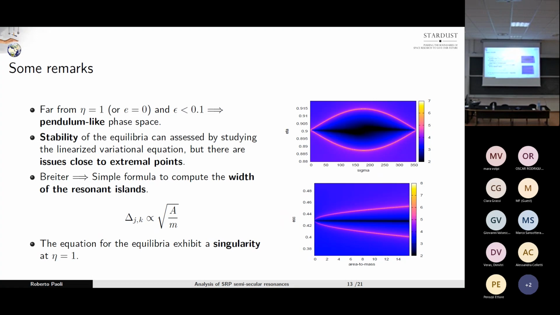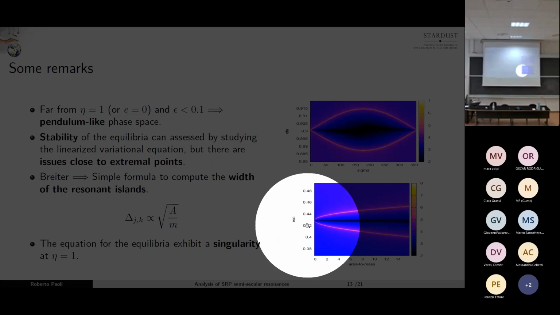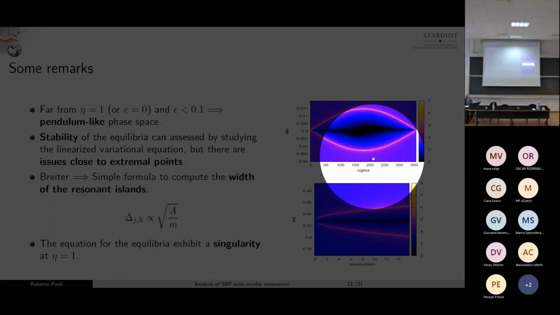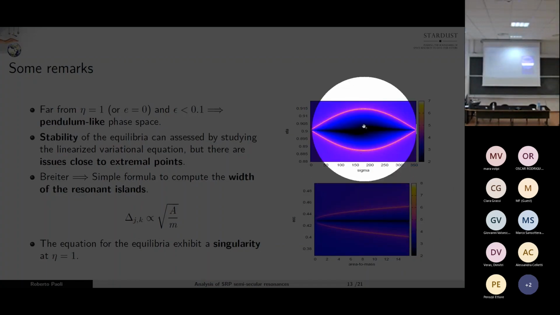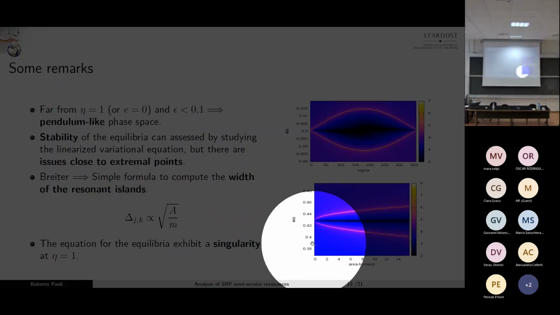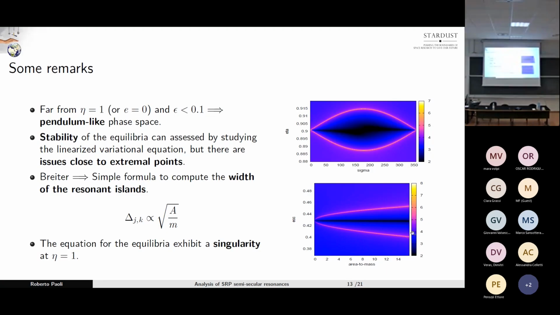As we can see from these FLI maps, these curves correspond to the intersection of the separatrix with the sigma equal pi, or 180 degrees, line. With the increase of the area-to-mass ratio, we see that these curves scale with the square root of the area-to-mass ratio.